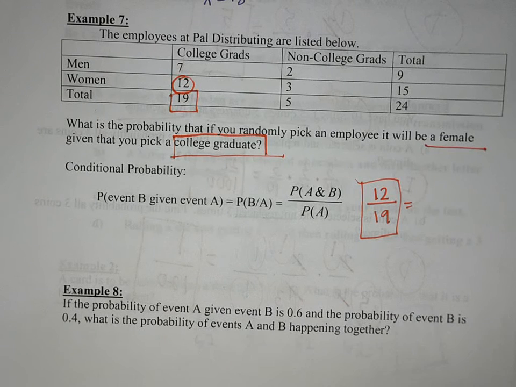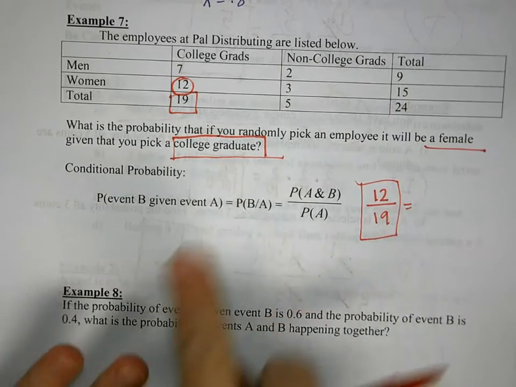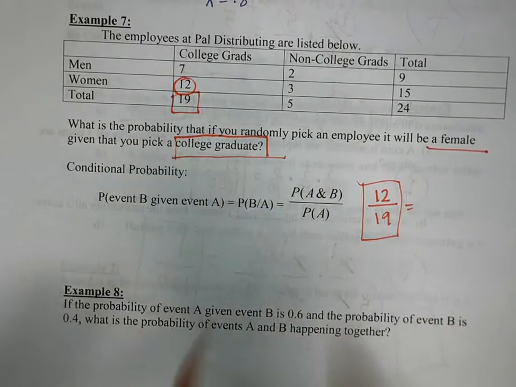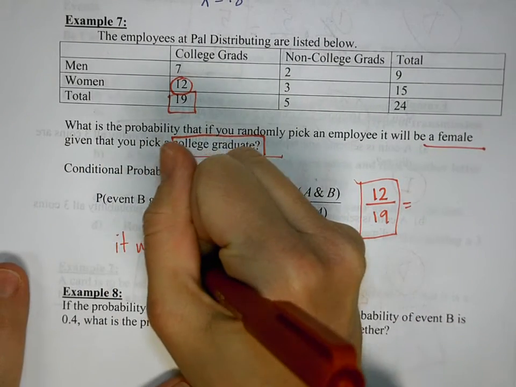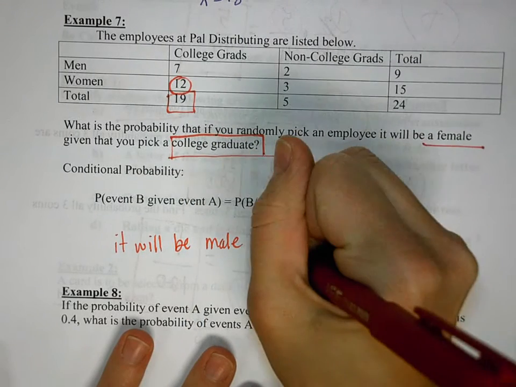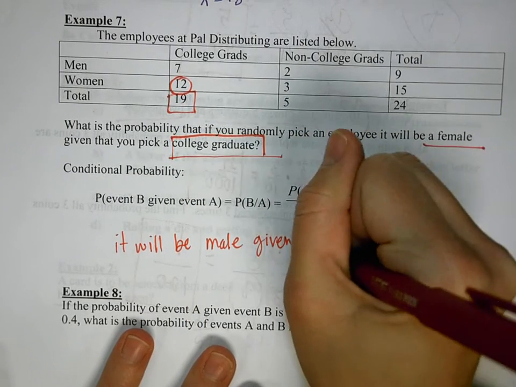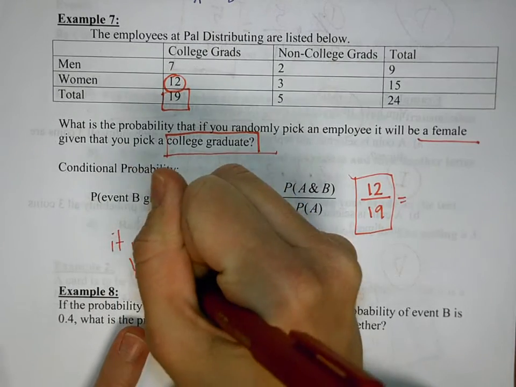Okay, so I'm going to give you another one to try. So my question is, what is the probability that if you randomly pick an employee, it will be male given that you pick a non-college grad?